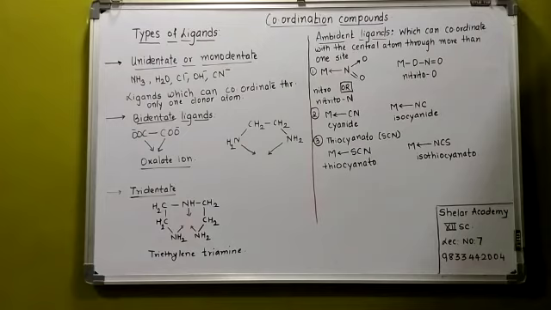Cyanide is a ligand that is called an ambident ligand. If the attack is from C, it is cyanide; if the attack is from N, it is isocyanide. So that is called an ambident ligand. Thiocyanato, SCN, the attack is from S; isothiocyanato, NCS, the attack is from N.